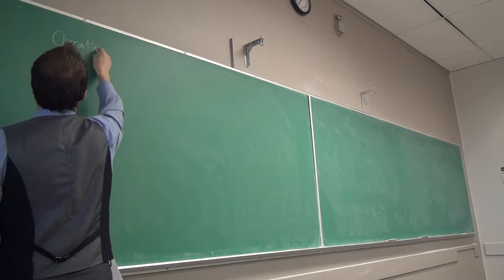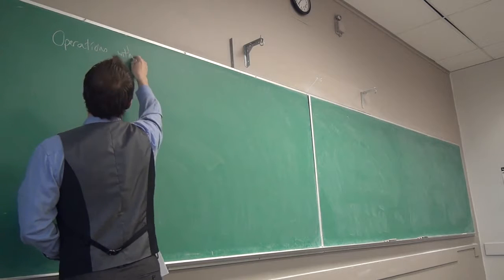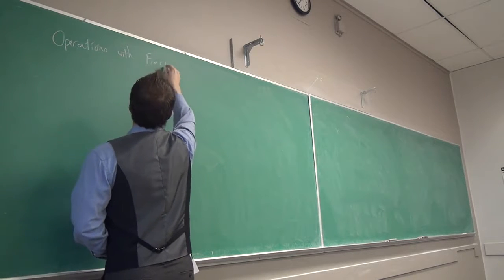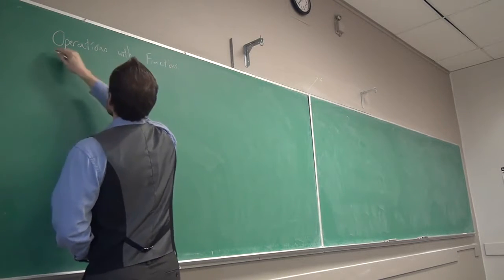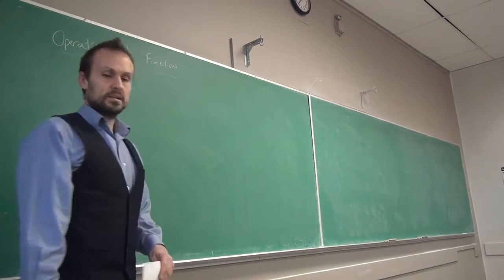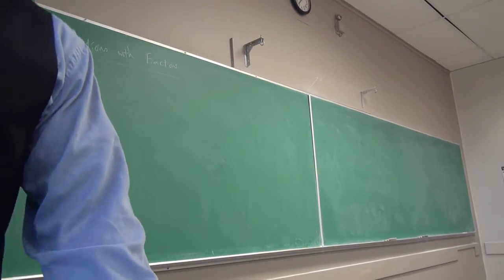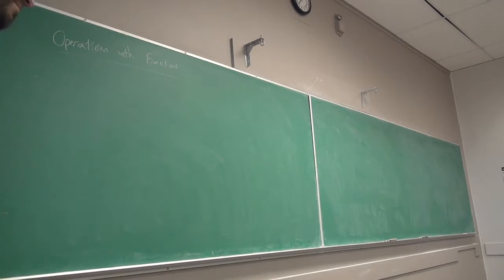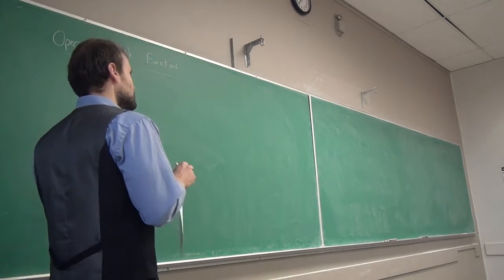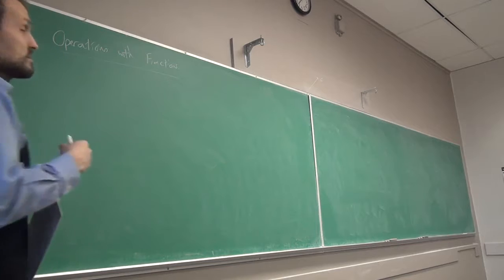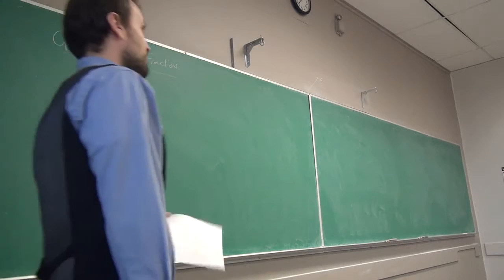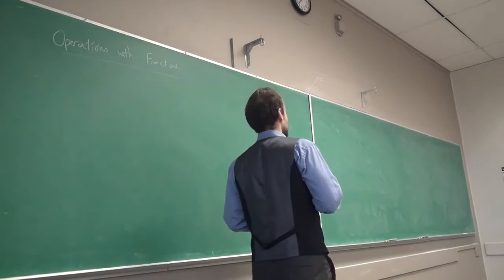Operations with fractions. I know some of these things are easy, but if we don't at least take a moment to think about them, just check. How easy is this? Am I okay? Then we might be caught off guard when Timmy asks me a fraction problem and I'm not quite sure.